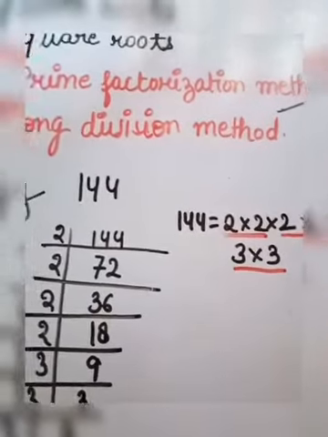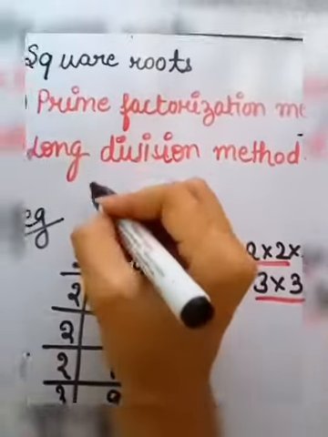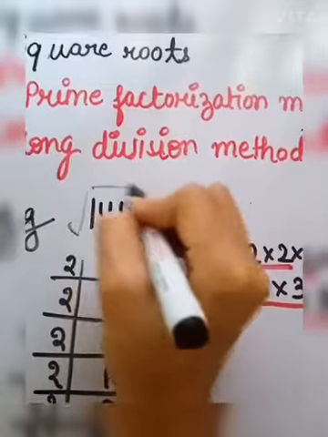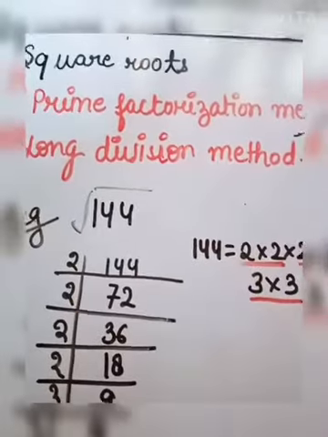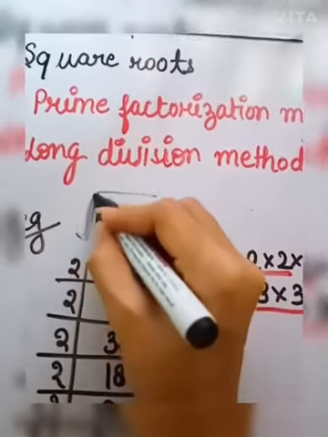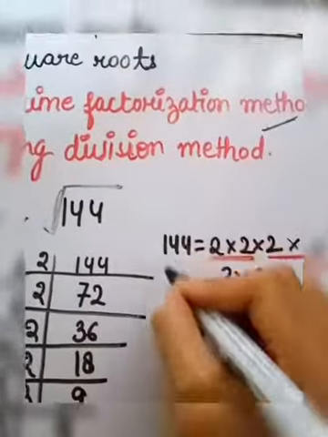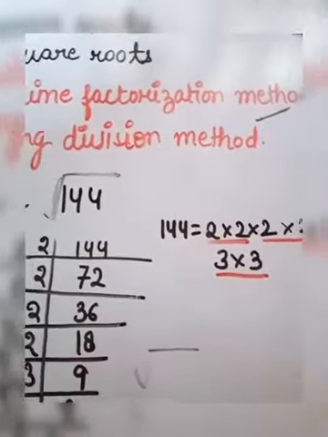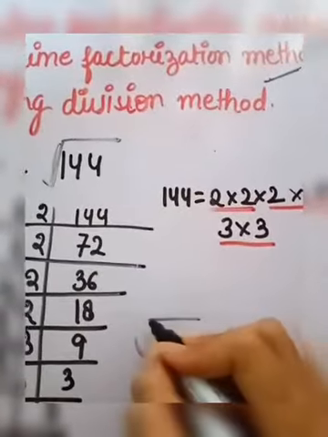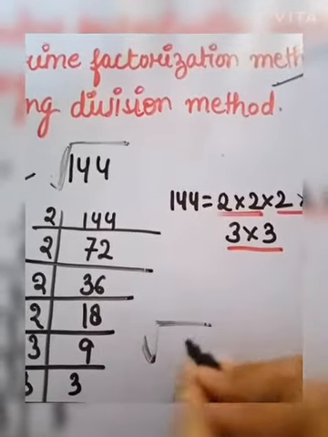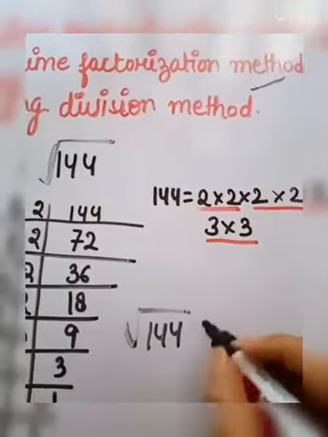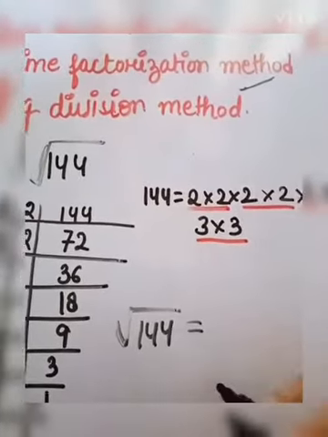So we can write, class, see, this is the sign of square root, and here you have to find the square root of 144. How can you find the square root?